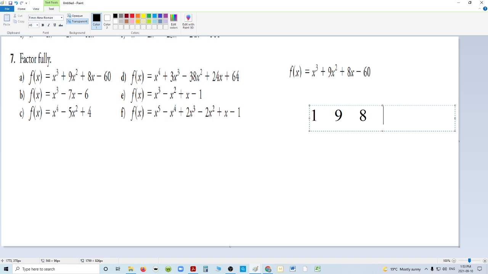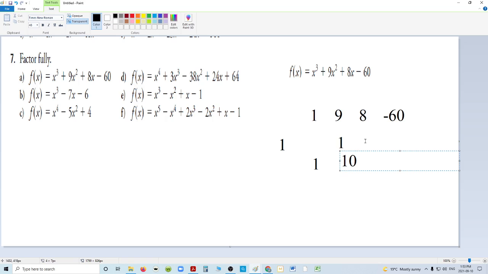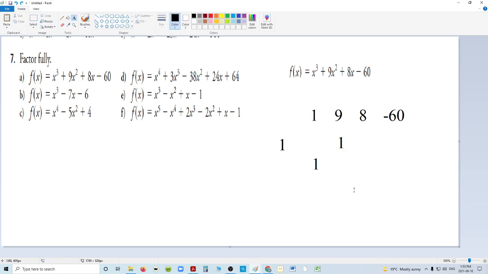We're going to keep these up permanently, and we're going to just go through 1. And boom, we can rule out 1. Now we're going to try -1.